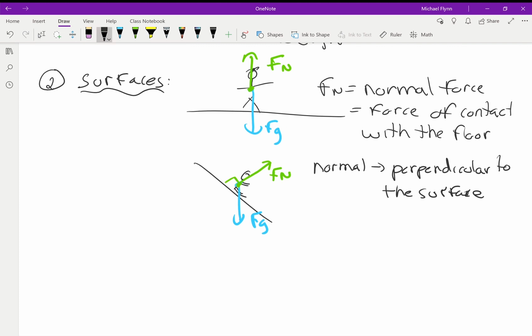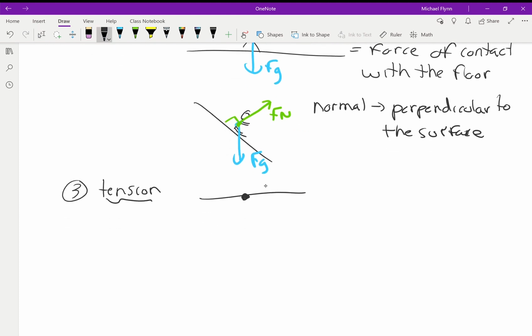Number 3, tension. So let's say you have an object that's swinging from a rope, like this. It's a little pendulum or something, or somebody swinging down. What kind of forces are acting on an object like this?